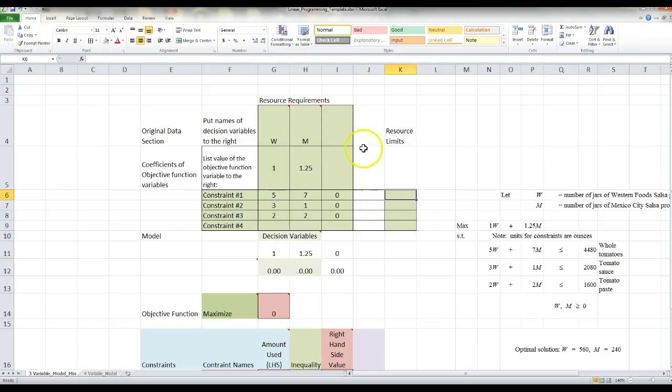I don't have to have this blank column, but I left it there just so that if I expand this model to include 2 additional variables, I already have the space to do that. But I'm just going to type in the values for the right-hand side resource limits. So I've simply put the values from my model in this upper area. And I can use these values in calculations that take place further down.